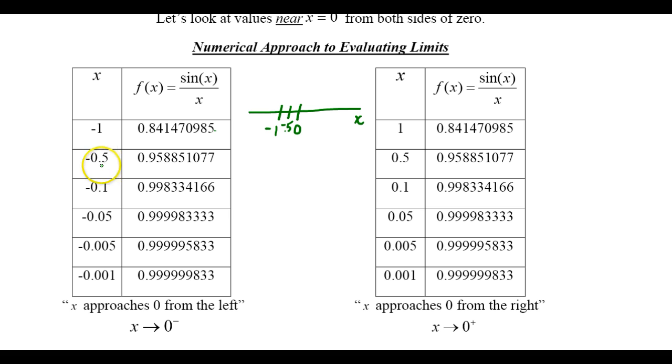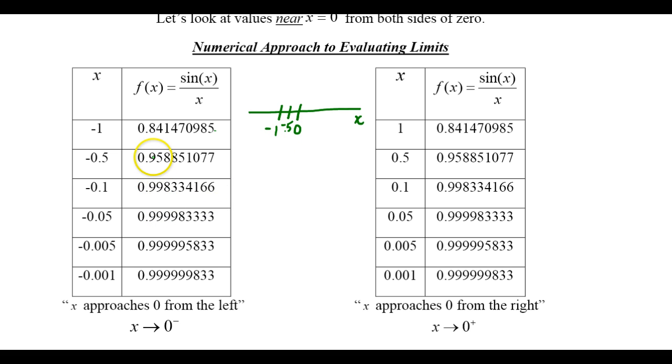What's even closer than -0.5 is -0.1, and here's my next value, 0.998334166. Then I'm just going to keep going, and I'm going to plug in -0.05, and then -0.005, and then -0.001. So -0.001, that is pretty close to 0 from the left side of 0.